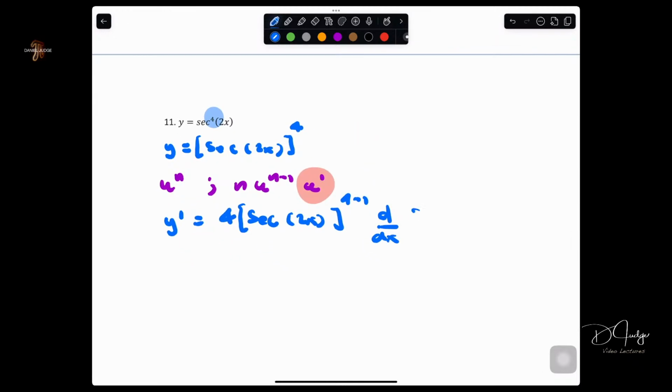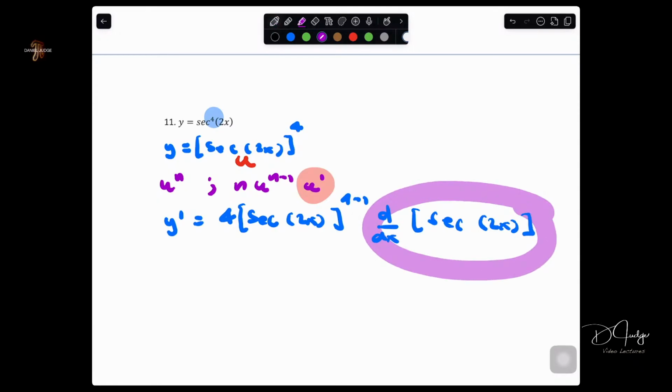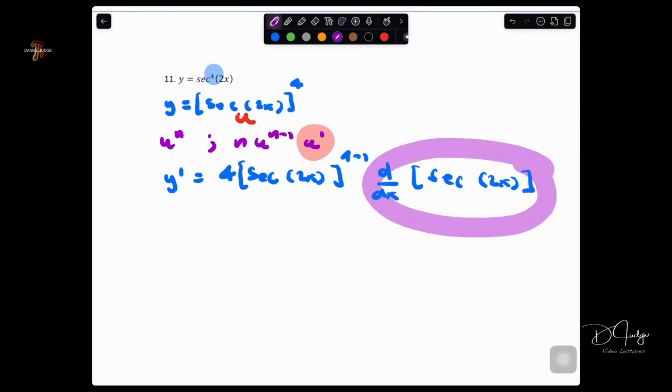And then we have to differentiate secant of 2x, because again, right in here is your u. This is the u part. So the next derivative is secant of 2x. So again, we have chain rule, secant u. Derivative of secant is secant tangent.